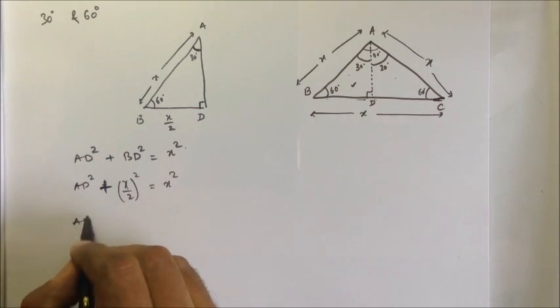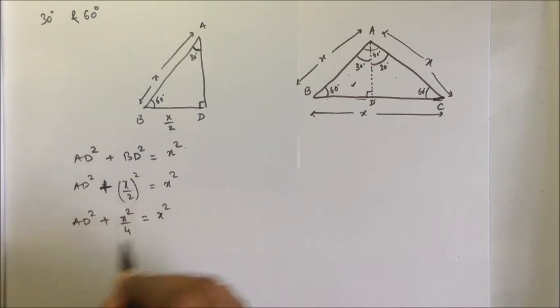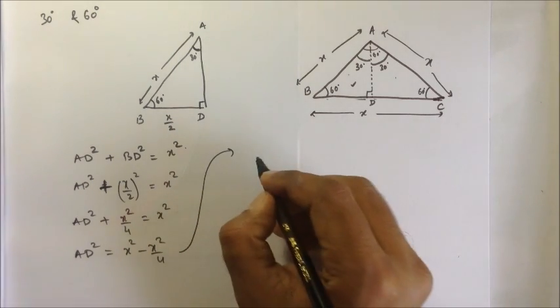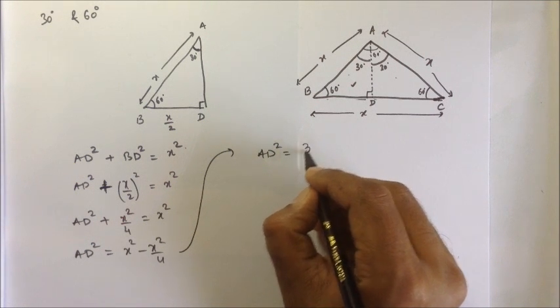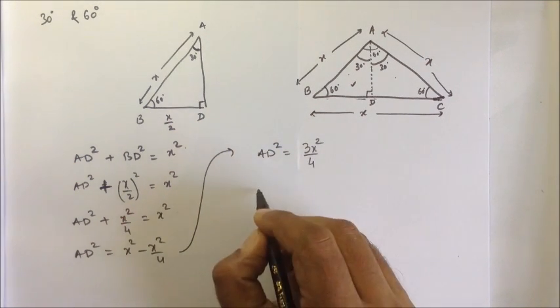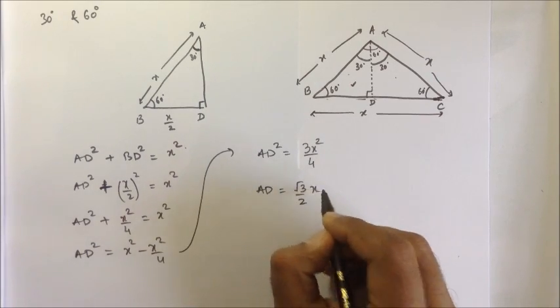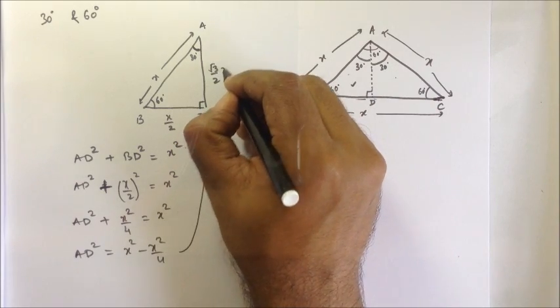So AD square plus x square by 4 is equal to x square. AD square is equal to x square minus x square by 4. From here we will get AD square is equal to 3x square by 4. I'll get AD equal to root 3 by 2 x. So I'll put AD in this figure as root 3 by 2 x.